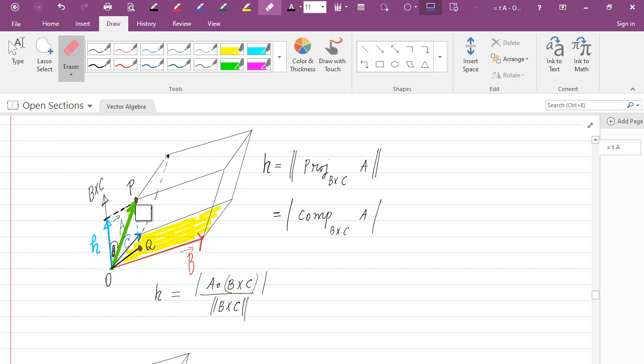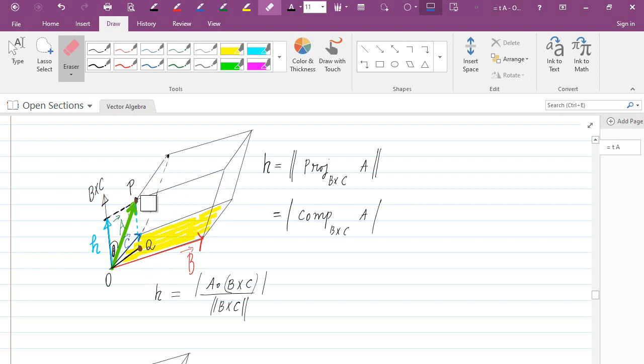From the tip of the vector A, which is labeled as the point P, we make a perpendicular line onto this parallelogram. We get a point Q on the parallelogram.